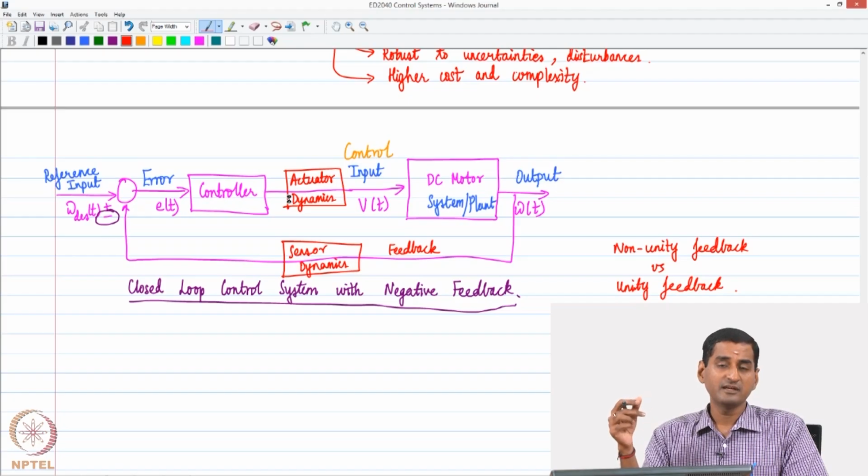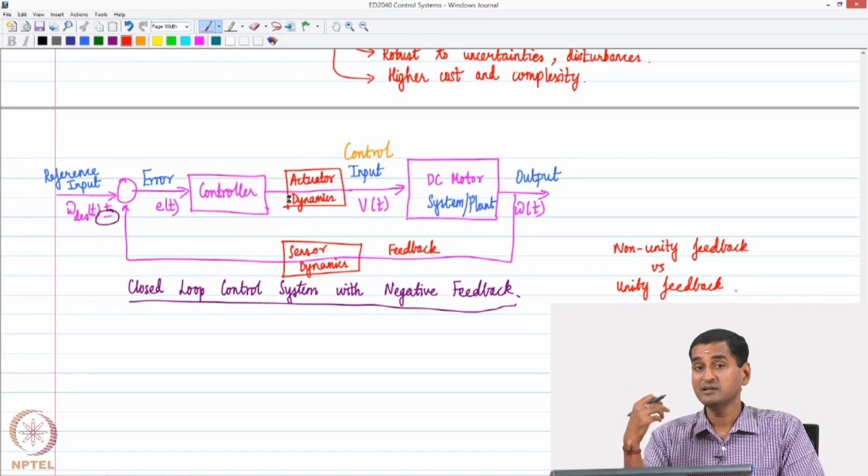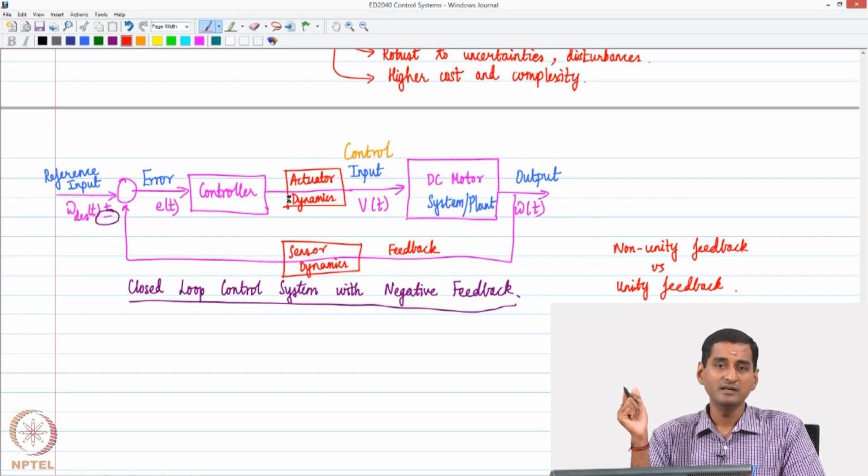Suppose a controller calculates that at this point of time provide 5 volts of input to the electric motor, or if it calculates and tells me to provide 10 newtons of force to the workpiece to essentially move it by some distance x, right.